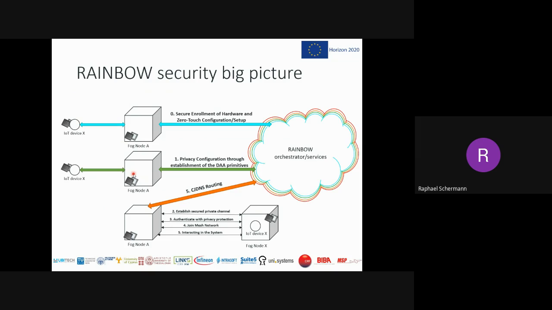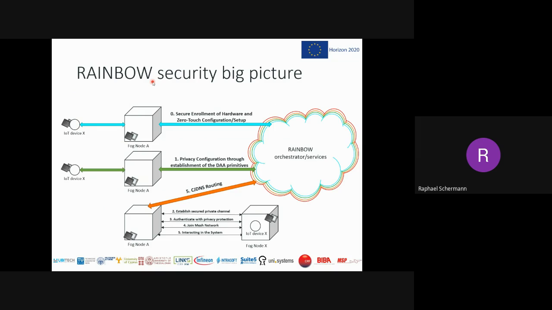First, the IoT device and the fog nodes go into a so-called setup phase, where they do a secure enrollment of the TPM hardware, and the secure configuration setup to the Rainbow orchestrator and service.